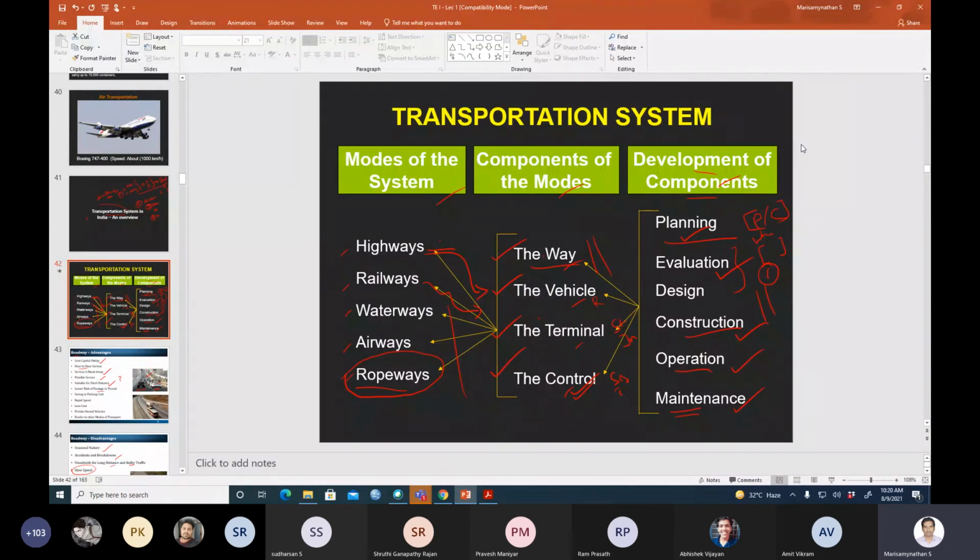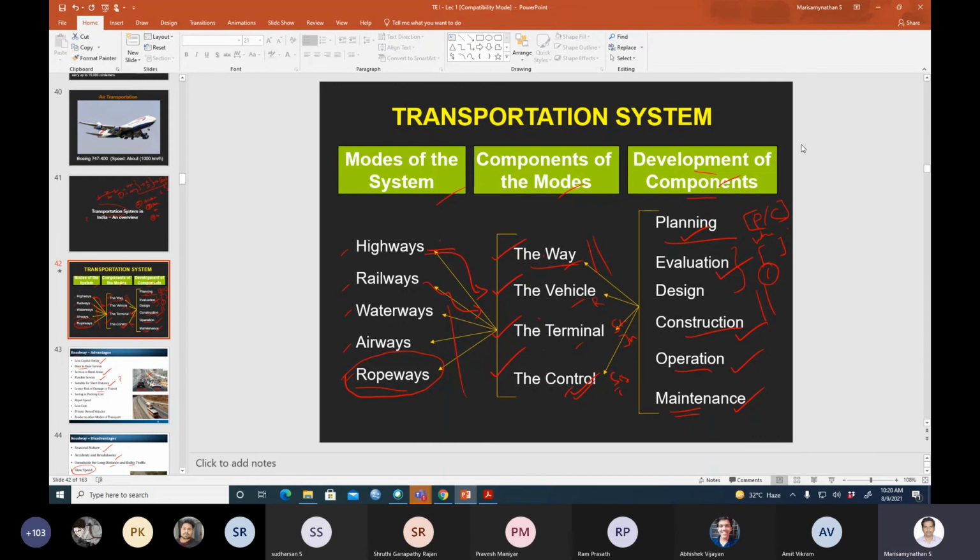A transportation system is nothing but, just imagine your city, probably Delhi or Mumbai. Those cities, with respect to road facilities, and not only road facilities but transportation facilities, are considered a transportation system. In Delhi you might have airways and roadways. Yes, only these two, right? Waterways are not there.